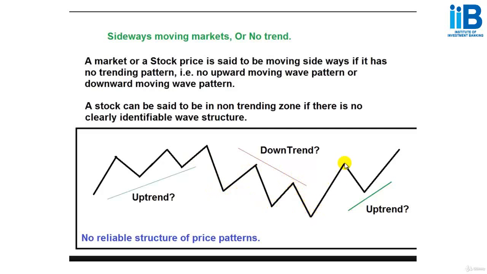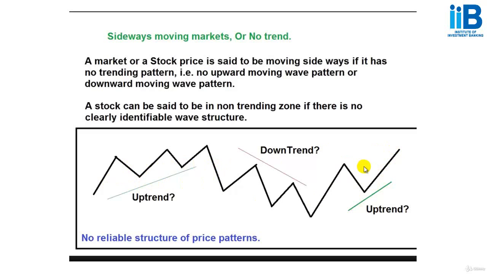But then a new top is made, voiding the idea of a downtrend, and then prices go ahead to make a new high. Thus, no reliable price structure can be identified out of this set of data.